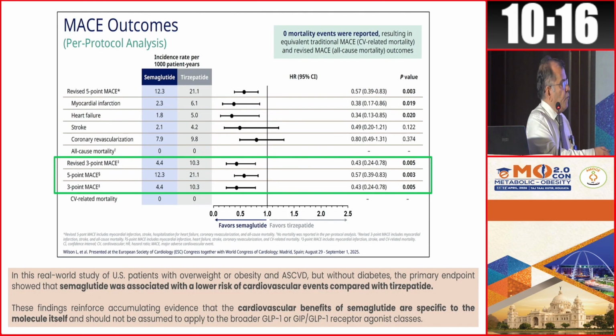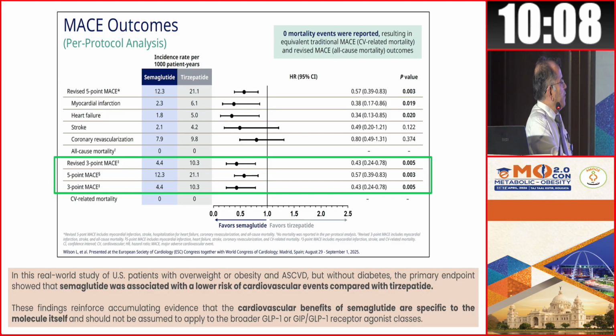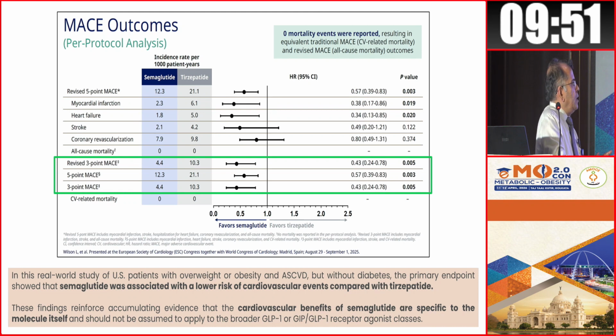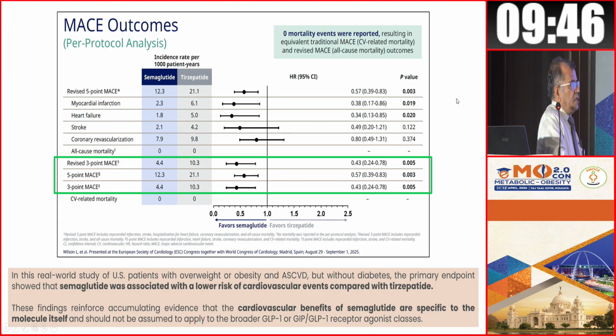And in this forest plot, it shows the revised 3-point MACE, the 5-point MACE and the 3-point MACE. The revised 5-point MACE is MI, heart failure, stroke, coronary revascularization, and all-cause mortality. What they found is that in general, the 3-point MACE, the 5-point MACE, and the revised 5-point MACE all favored semaglutide, as you can see here.